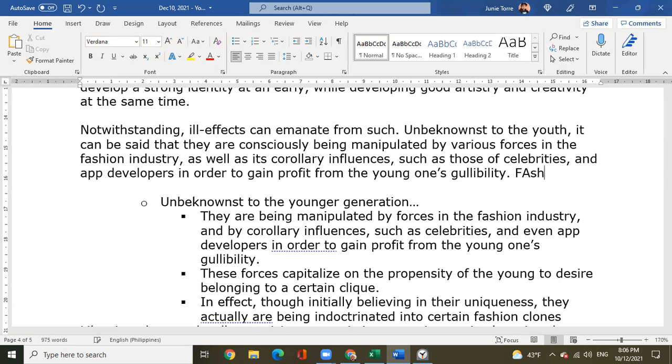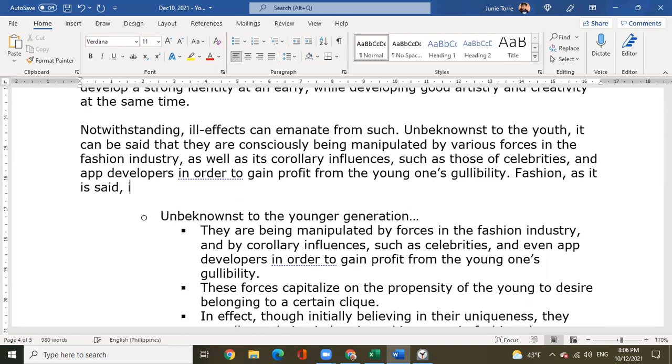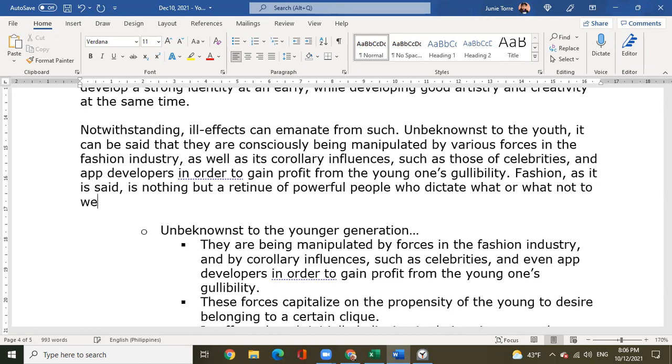there. Fashion, as it is said, is nothing but a retinue of powerful people who dictate what or what not to wear there.